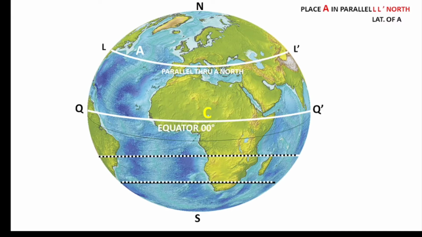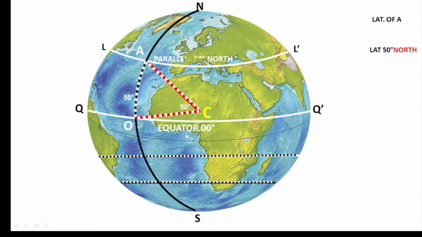I've taken a place A on a parallel of latitude LL1, and we define it as the angle at the center of the earth here, or arc of the meridian, and I've taken it as 50 degrees north.